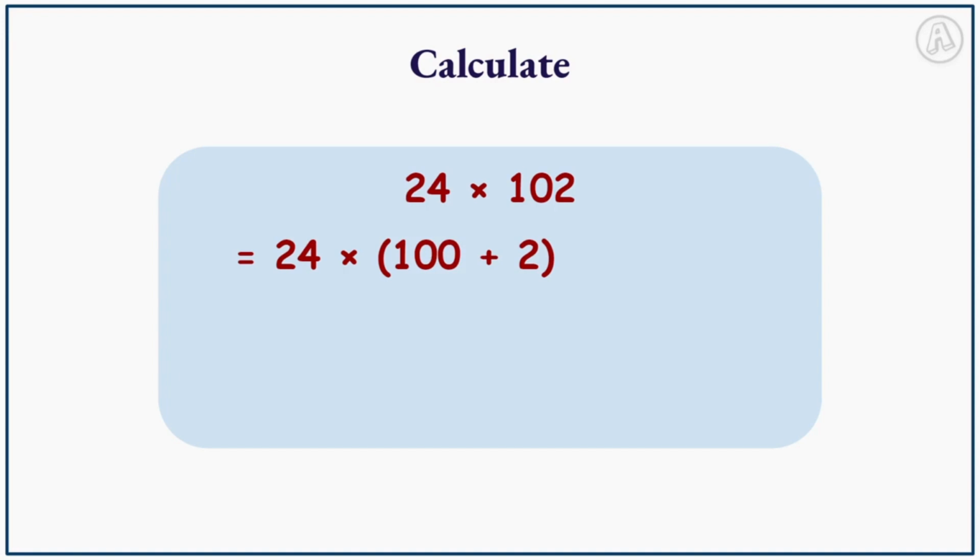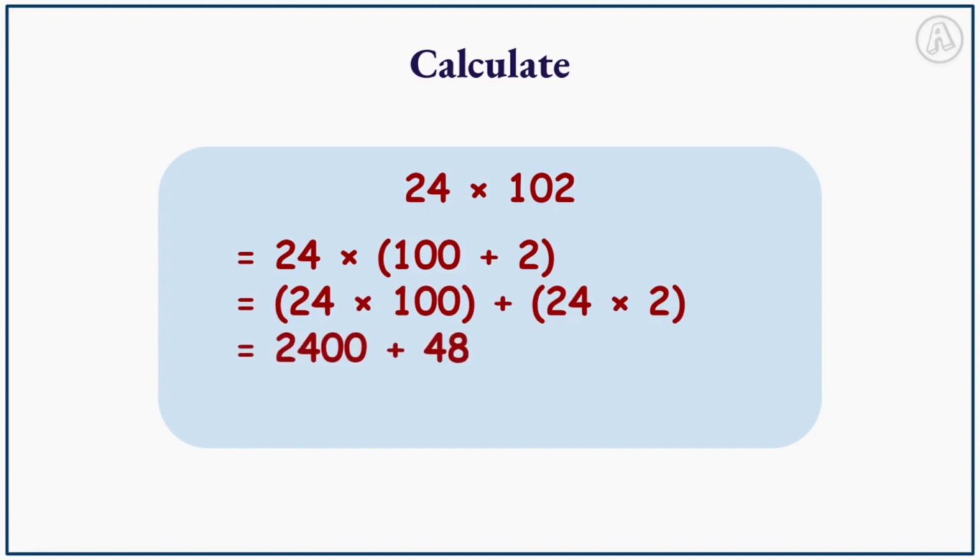Then if we distribute 24 into the brackets, 24 times 100 plus 24 times 2. 24 times 100 equals 2,400, and 24 times 2 equals 48. So 2,400 plus 48 equals 2,448. This calculation was much easier to calculate.